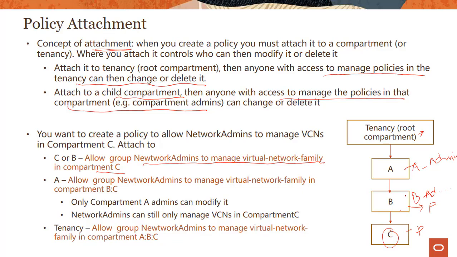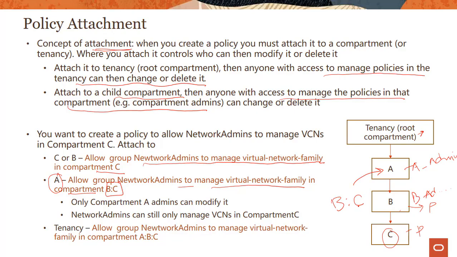But if you want to write this policy in compartment A, how would you do that? Compartment A is part of a tree, but it doesn't know where C exists. So the way you would do that is you would say allow group network admins to manage virtual network family in compartment, and here you would provide a path, B colon C. Then you can put the policy right here.